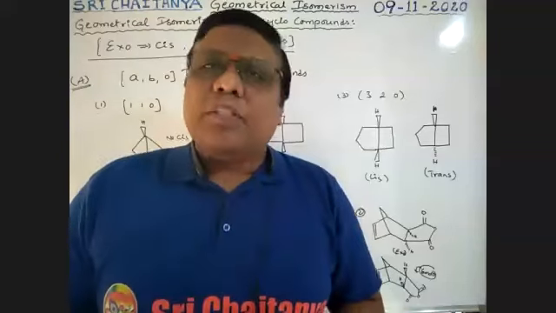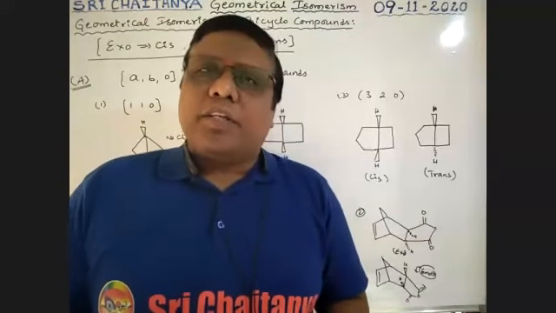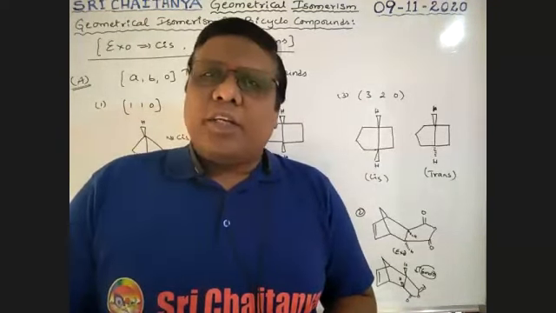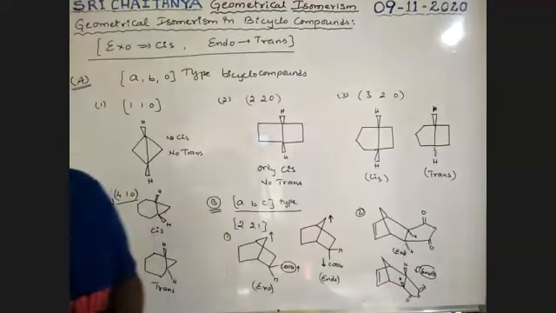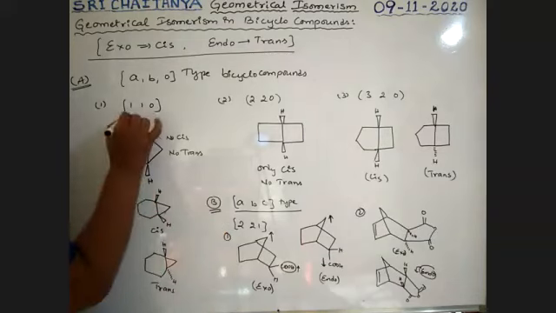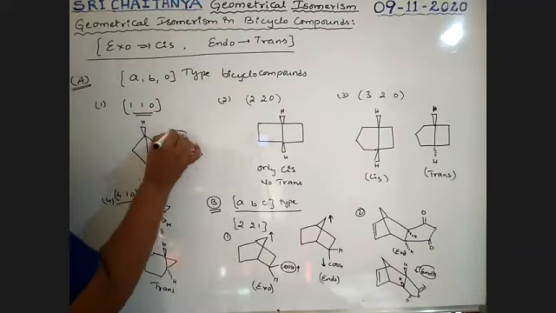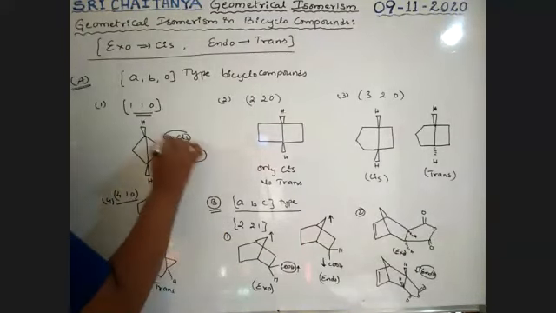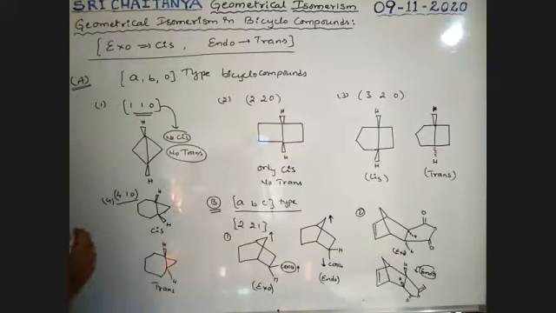No other compound is possible to write; any other compound you write is similar to this. That is why it is not cis, it is not trans. For the 110 system, no cis and no trans.